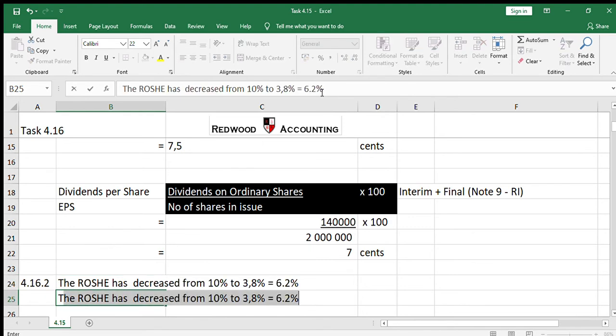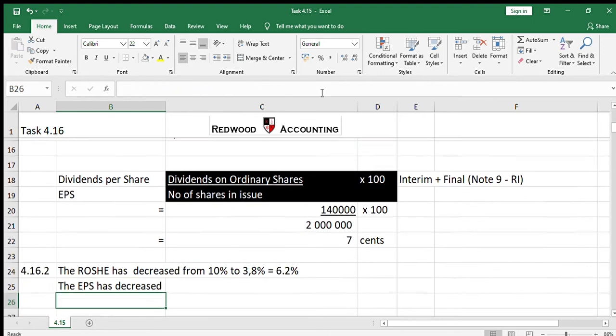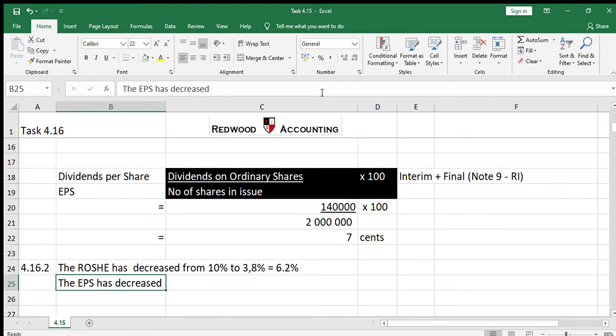Then we're going to do the same thing for the earnings per share. It has decreased. This time we can say it has decreased by the number of cents. It was 20 cents and it is now 7.5 cents. So 20 minus 7.5, you just work that out. The earnings per share has decreased by 12.5 cents from the previous year.